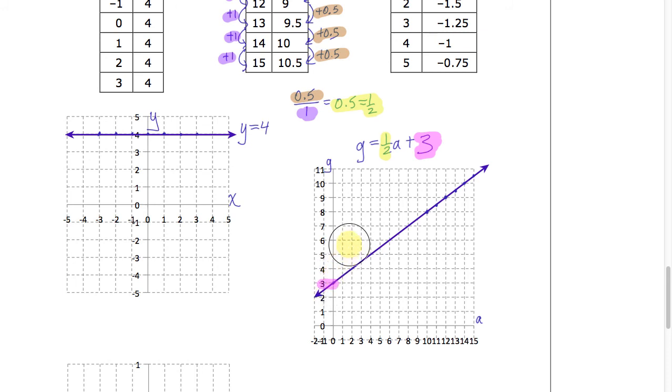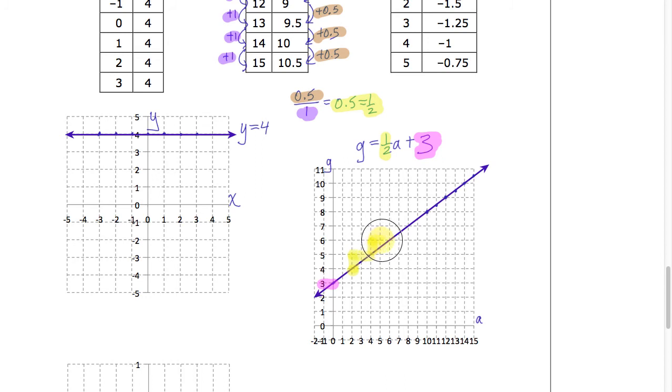Another thing that is nice to note is this 1/2 is our rise over run, and it is called the slope because every time, let's say I start from this particular point right here and I go up 1, then I go right 2.